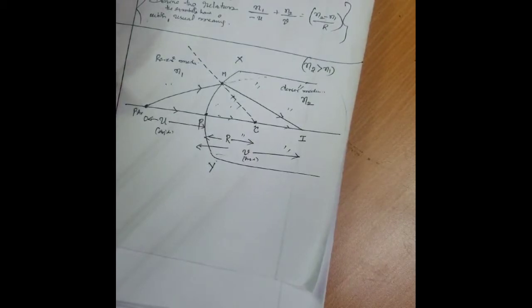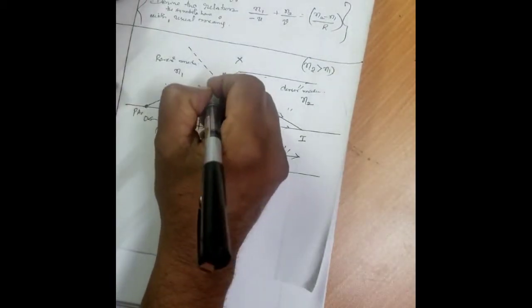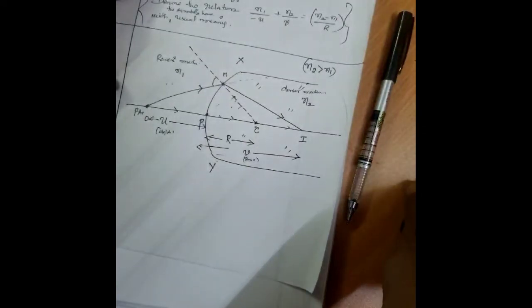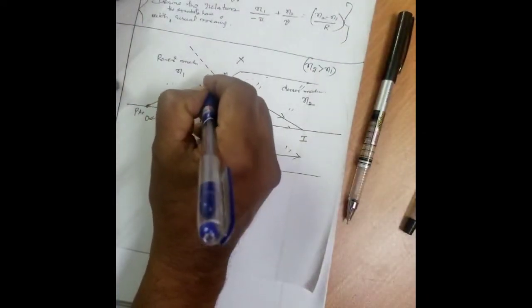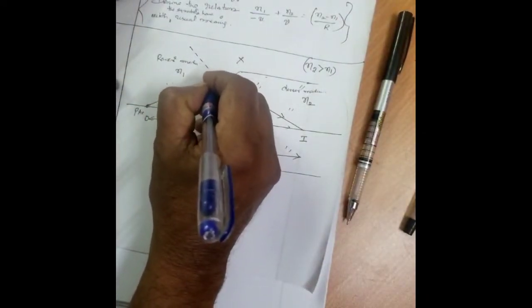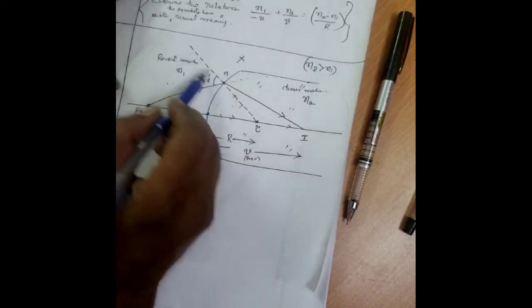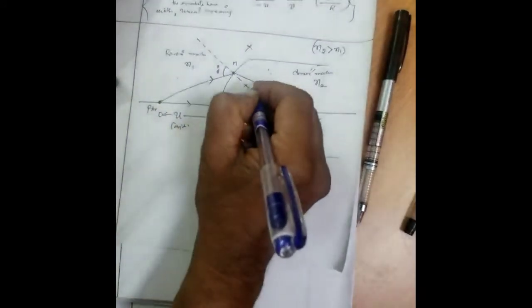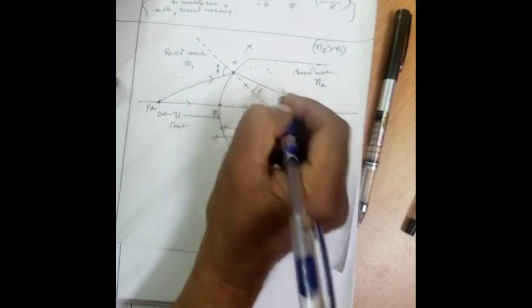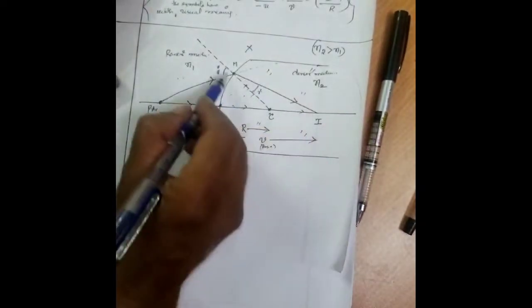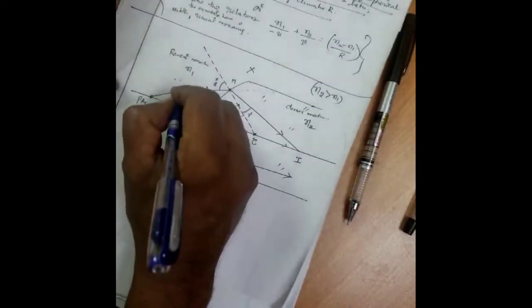Right? Now, what is the angle of incidence? The angle of incidence is this i. It is the angle between the incident ray and the normal. What is the angle of refraction? The angle between the refracted ray and the normal. This is the incident ray.